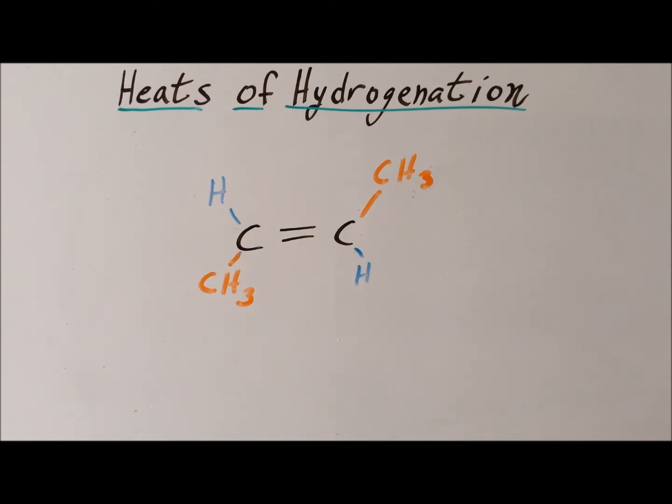As we predict, because the cis isomer is less stable, it's going to have a greater heat of hydrogenation than the trans isomer, and both cis and trans 2-butene are going to be more stable than 1-butene. Therefore, their heats of hydrogenation will be smaller in magnitude than the heat of hydrogenation of 1-butene.